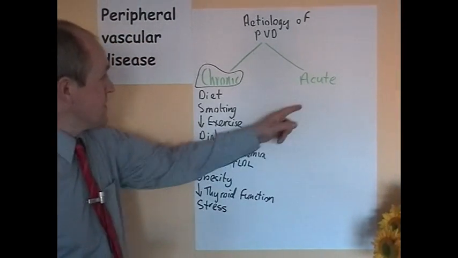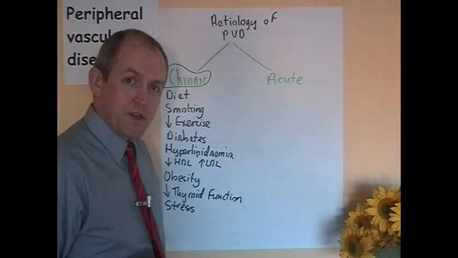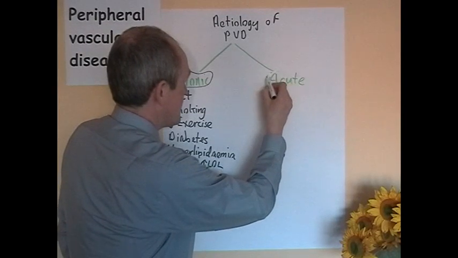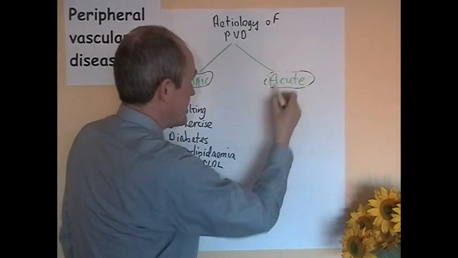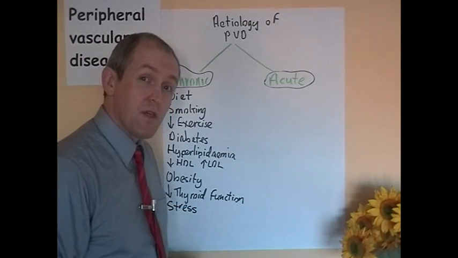Let's think now about the acute form. Well, the acute form, as we saw in the little diagram we did before, you can get an acute obstruction as a result of the development of a thrombosis.